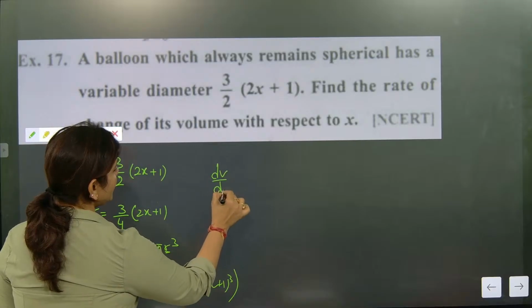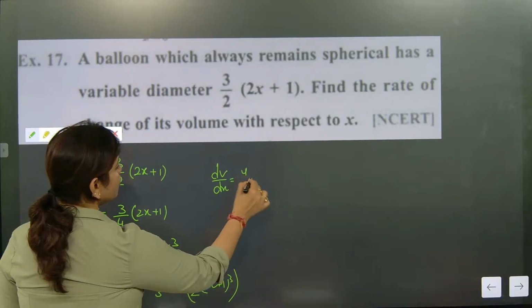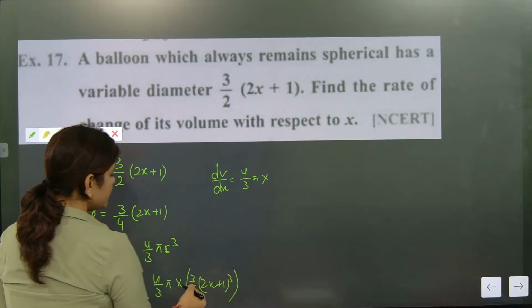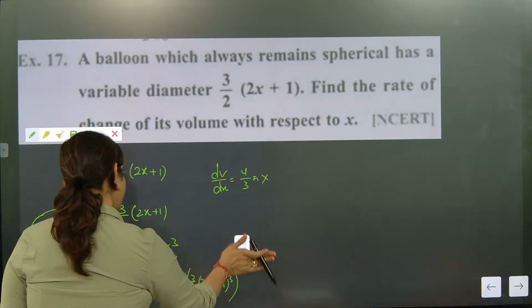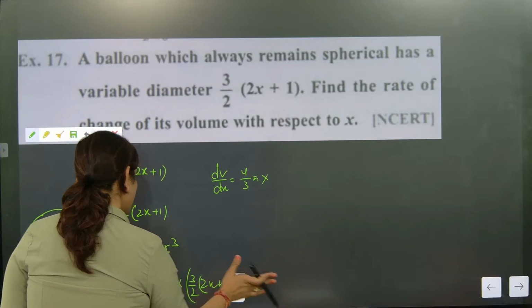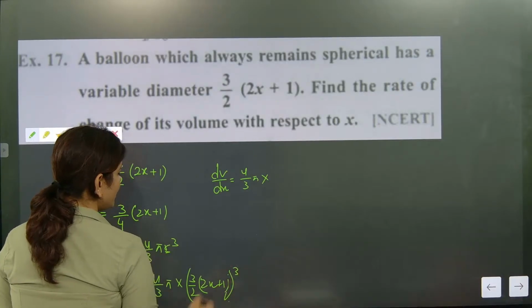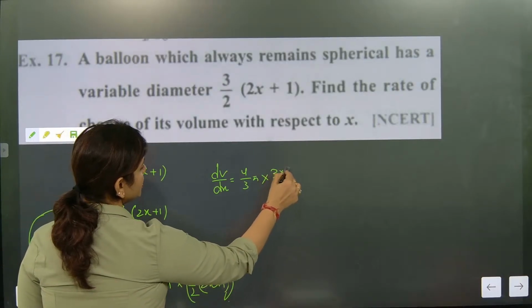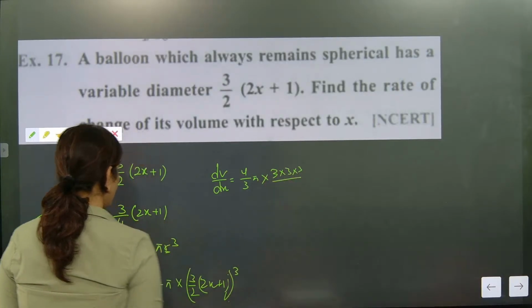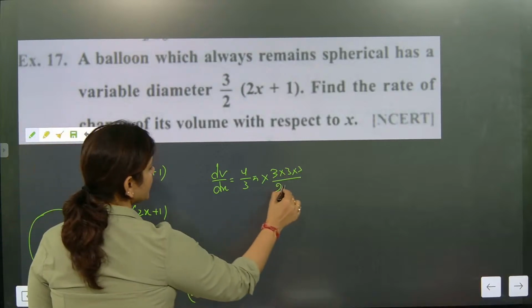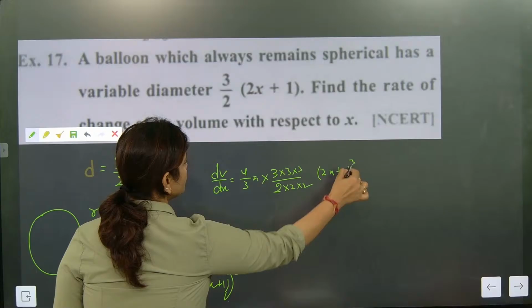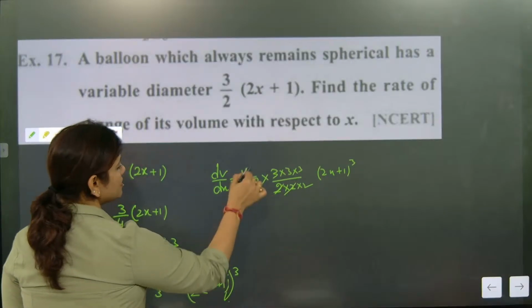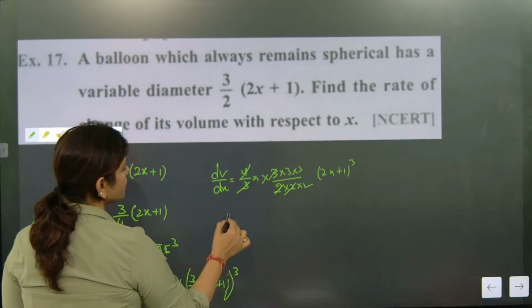So dV by dx equal to 4 by 3 pi. Here 3 will come 3 times, because the radius is cubed. So the cube will be outside: 3 into 3 into 3, and this part will come as 2 into 2 into 2, with (2x plus 1) whole cube. So this and this are going to cancel.